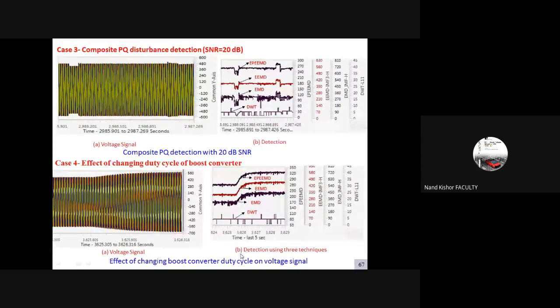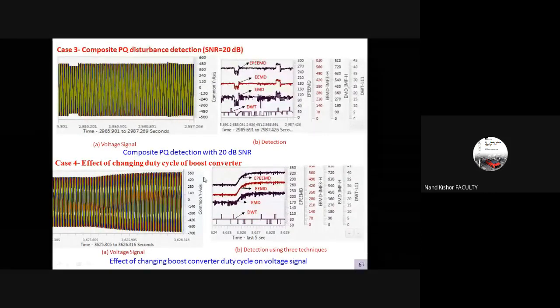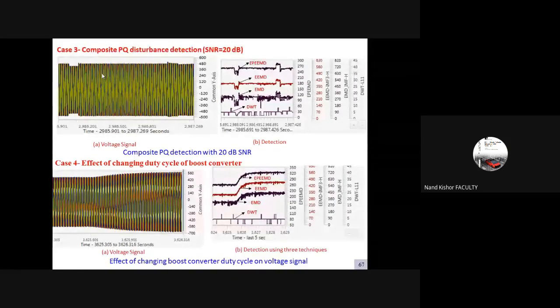Because, as I said, we want to have real-time detection, right? Let's say that in the complete window frame of your test signal, you have this sag here, and following in very few seconds, let's say there is some swell here.